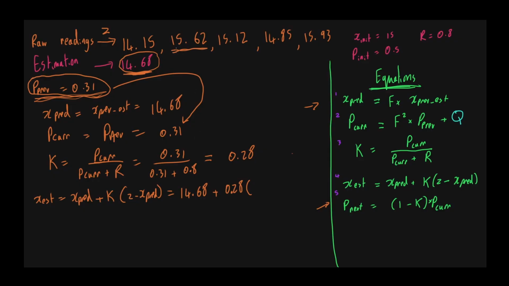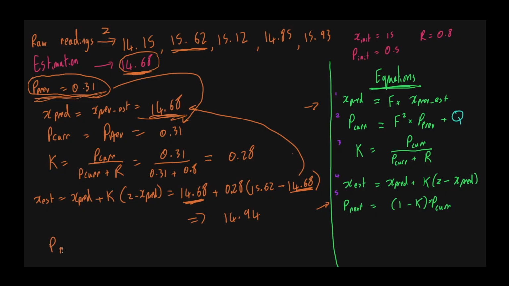Z is the next measurement, 15.62, minus, again, the estimation 14.68. Now, sorry, when I mean the X predicted, I meant referring to this X predicted, not this one here. This value here refers to the X predicted we did in our first step. So that equals 14.94 to 2 decimal places, of course.